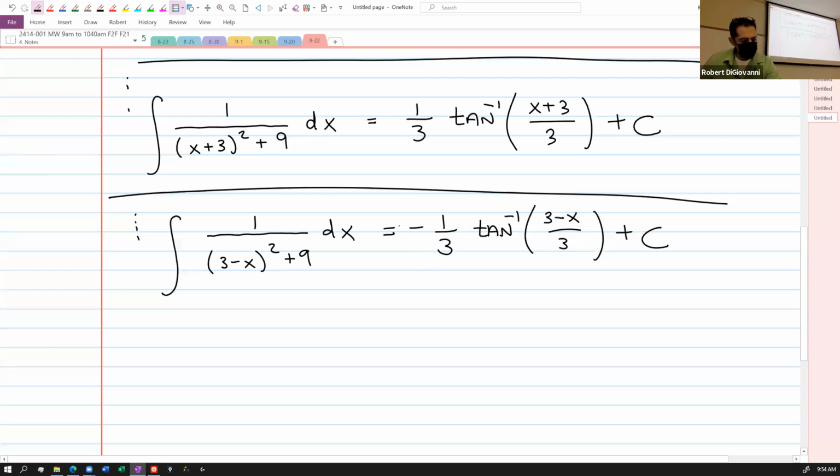The negative there comes from the fact that du was negative 1 dx, and so we had to scale both sides to get that dx to match up.